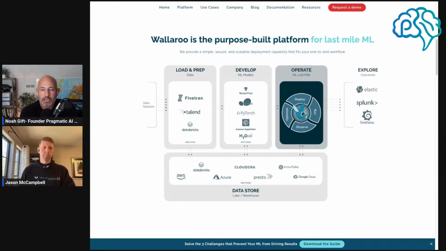If the things you mention in your product, the deploy, the run, the observe, the optimize, are actually solved, there could be many companies that are going to do machine learning that maybe felt like they couldn't, because they were so in the weeds with the loading, the prepping, and the developing that they were overwhelmed. But maybe instead of thinking about the first stages, you think of the last stage and say, what if I really think about the operations of things?